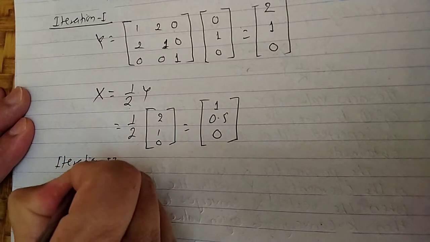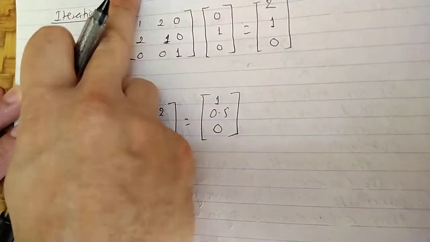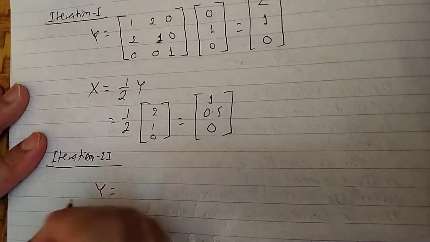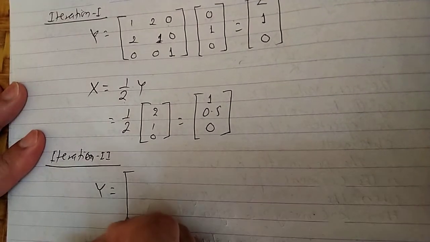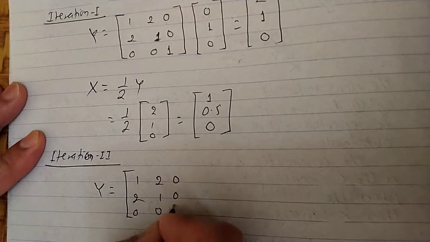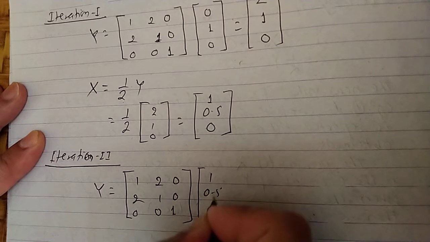So let us do iteration number 2. You have a new value of x, so implement the above equation. So y equals to A into x. A is the same old A, 1 2 0, 2 1 0, 0 0 1. x will take the new value 1, 0.5 and 0.